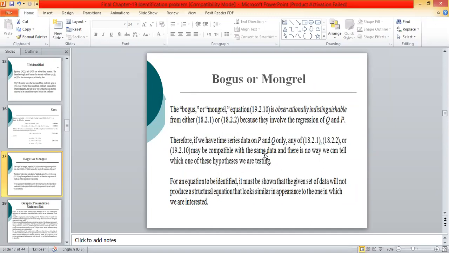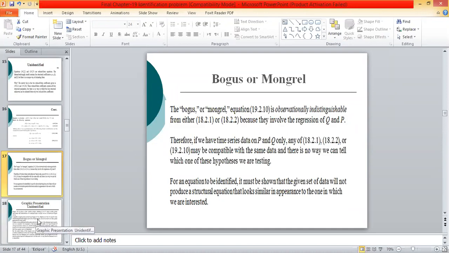You can see that the variables of all these equations are the same. So that's why we can say that the demand equation and the supply equation are indistinguishable from the bogus equation, and both of these equations are unidentified.